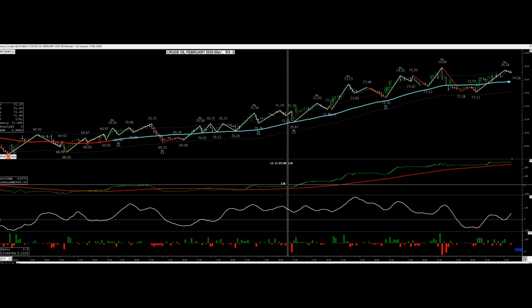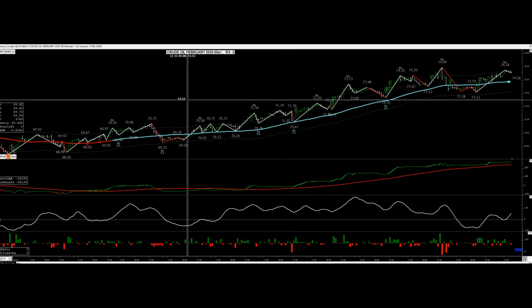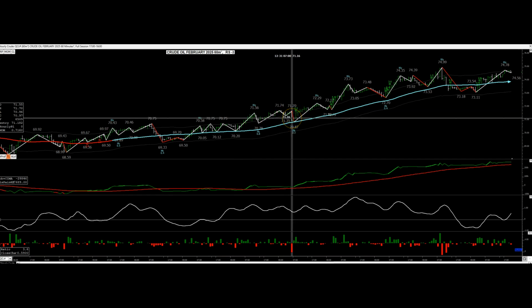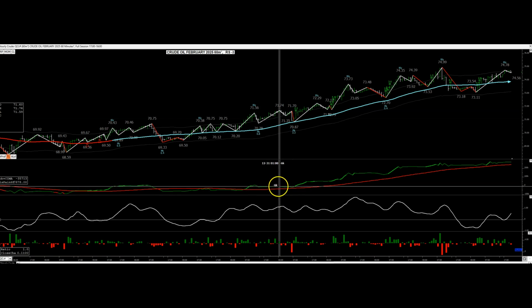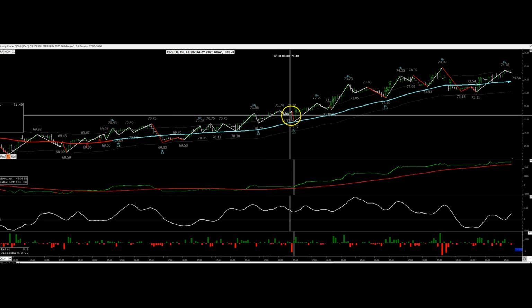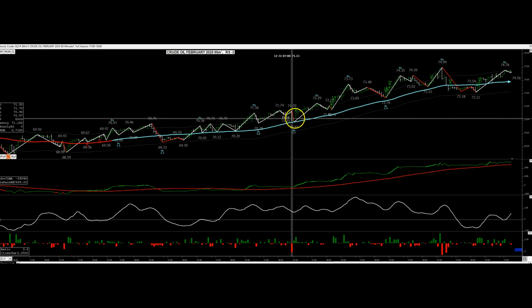Very, very important, because this sets up the pullback, and for me, it says that the price movement in the pullbacks is not real selling, and even though there's a big bar there, it's not threatening at all. This bar is not threatening at all, because look at the base. The base is high up. So where's the volume in there? Where's the pressure? There's nothing.